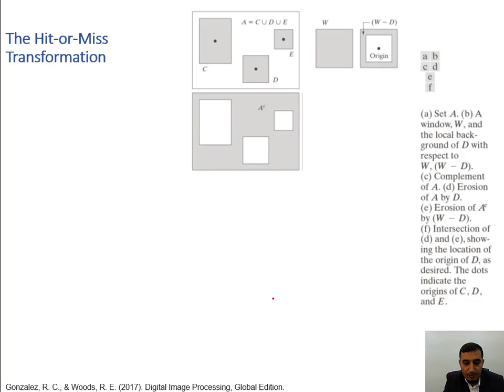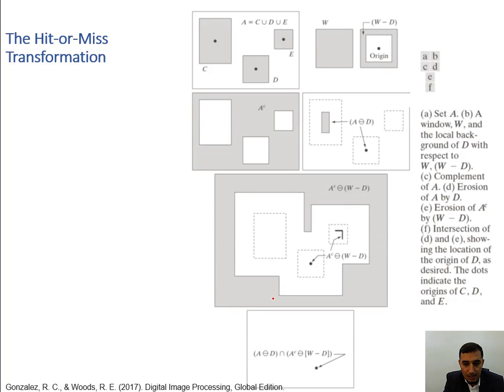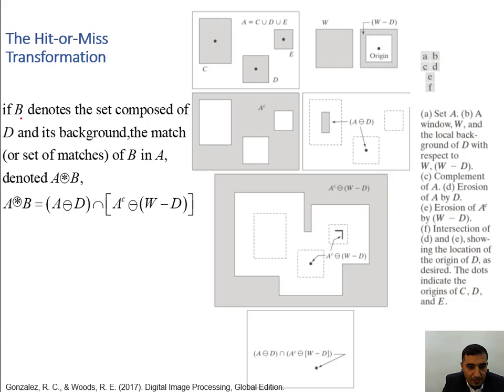So, hit and miss transformation. If B is denoted by the set composed of D and its background, the set of matches of B in A is denoted as A hit-or-miss B, which is A eroded by D intersected with A complement dilated with W minus D. So if you have these parts, C, D, and E, three objects, their union will be this.